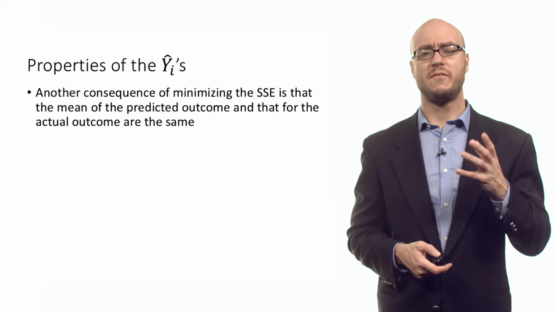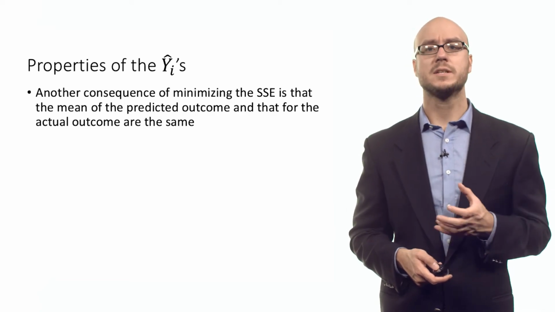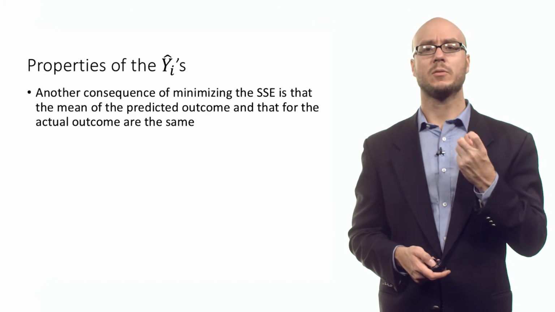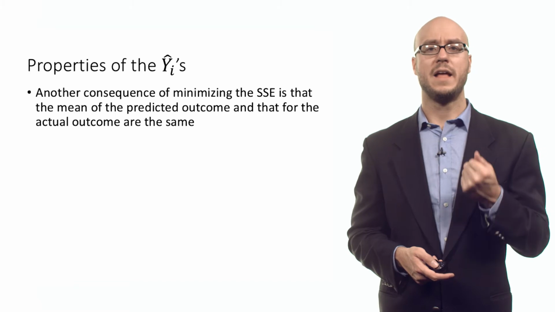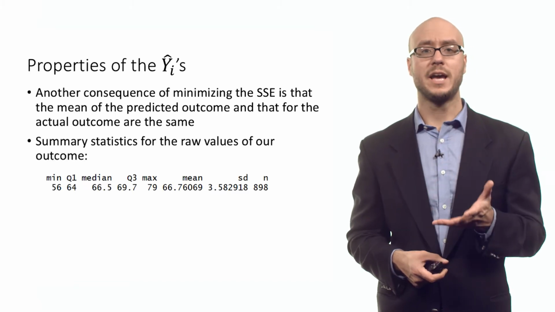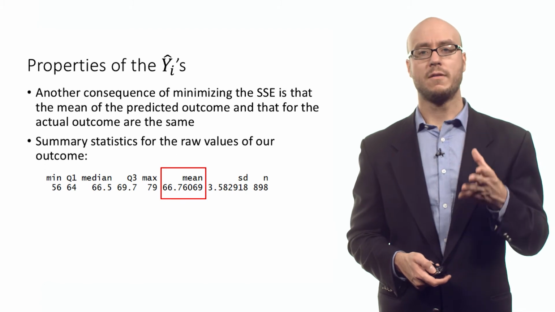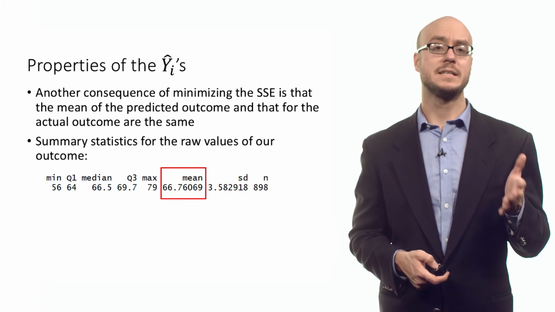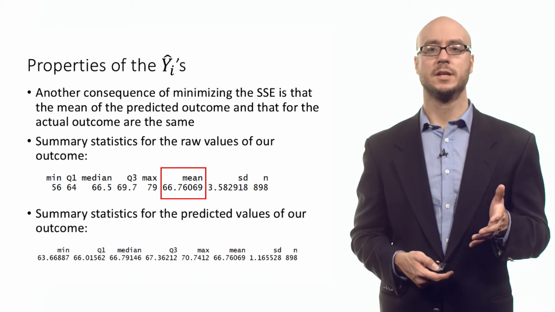There are also several least squares properties of the fitted values, or the y-hats. Another consequence of minimizing the sum of squared errors is that the mean or average of the predicted values of the outcome and that for the actual outcome are in fact the same. So if we look at the summary statistics for the raw values of our outcome, the raw value has an average or mean of 66.76 inches.